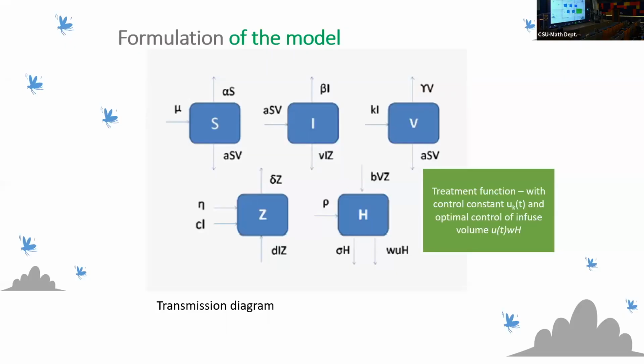Then we develop our previous diagram with a treatment function following the hematocrit compartment, with a control constant, so we choose a step function to propose an infusion strategy for the DHF patients by simulation.